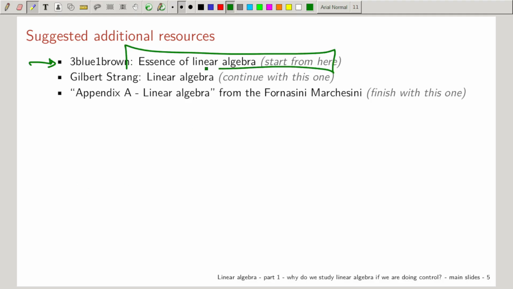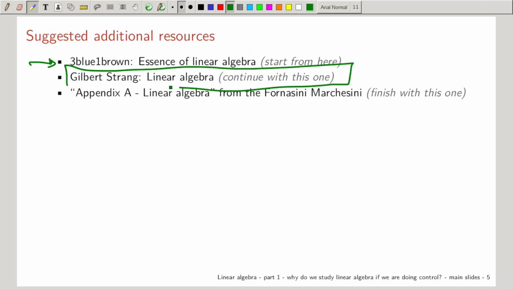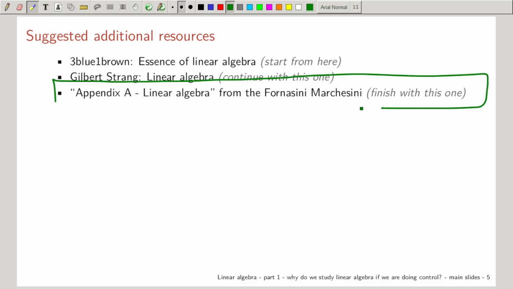That's why we are going to do 3 Blue 1 Brown. This one, you have to do it. Strang linear algebra on YouTube. Nice, a little bit longer. Okay? If you want, watch it. It's going to be longer and more focused on linear algebra. This one, there's a book on Blackboard that I put.